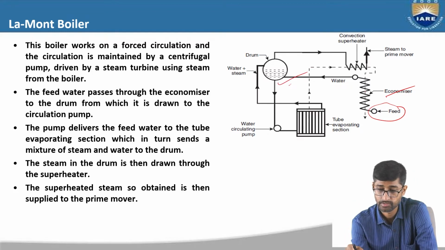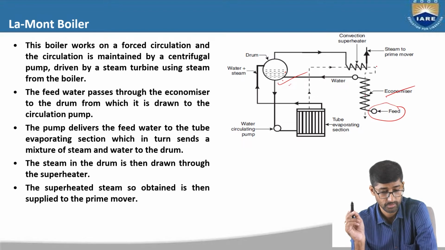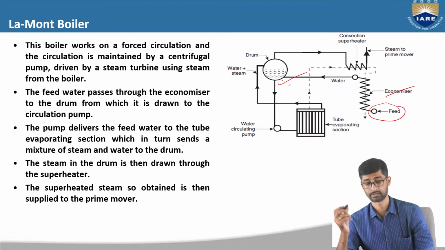The feed water is drawn from the drum to the circulating pump, and this pump delivers the feed water to the tube evaporating section, which provides a mixture of steam and water to the drum. The steam in the drum then flows through the superheaters, and the superheated steam so obtained is supplied to the prime mover or steam turbines. This is called the La-Mont boiler.